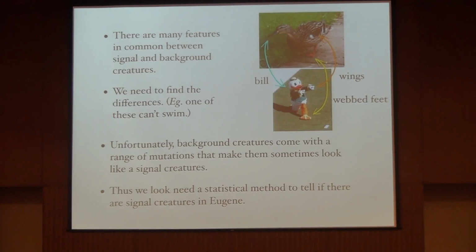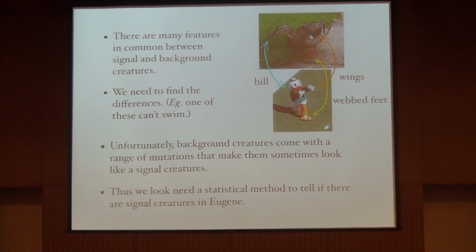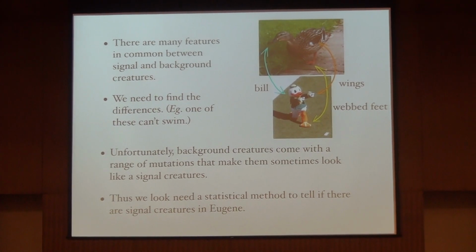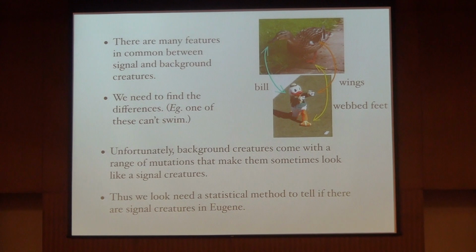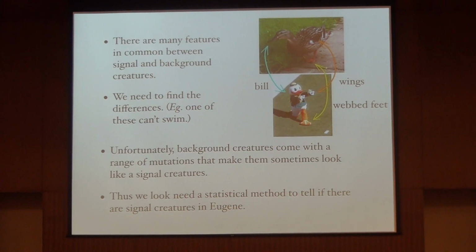We'd like to now tell the signal creatures from the background creatures. So you write a computer program to tell those apart, and unfortunately, you won't tell them apart unless you're fairly clever, because the background creature has a bill, the signal creature has a bill. The background creature has wings, the signal creature has wings, and the background creature has webbed feet, and so does the signal creature.